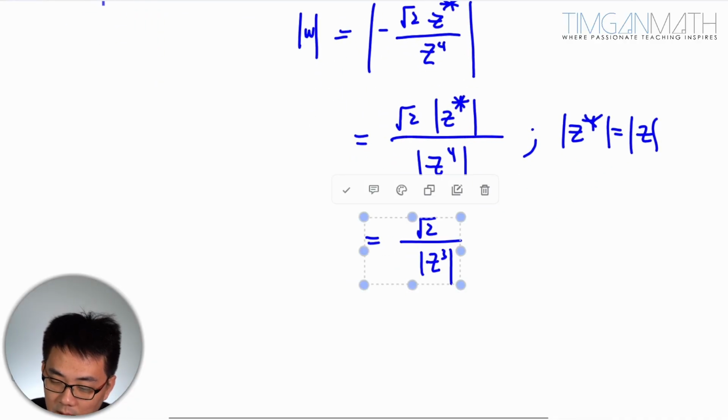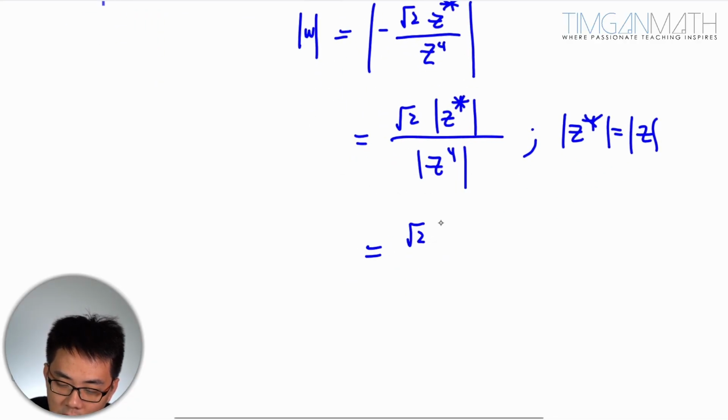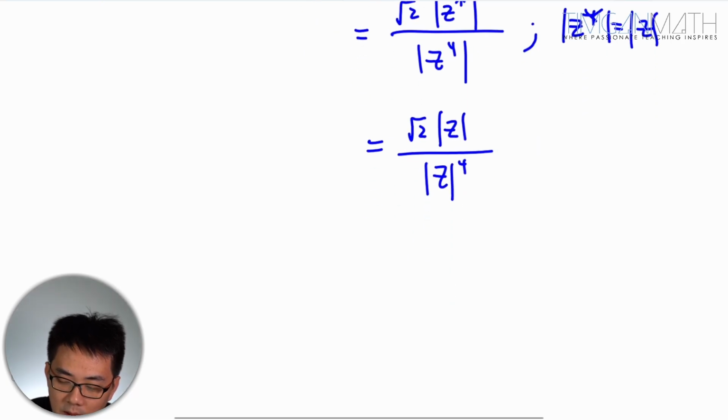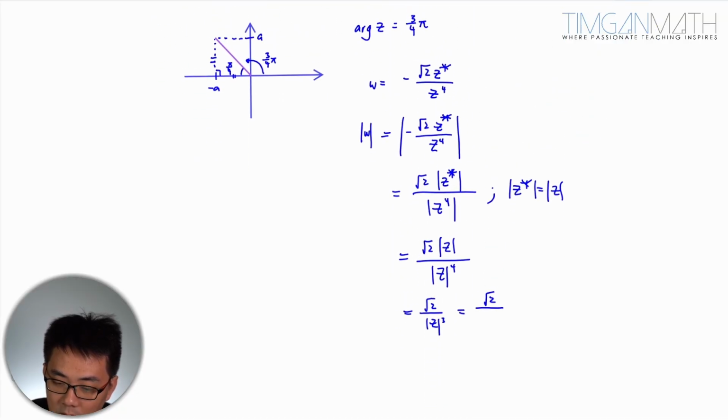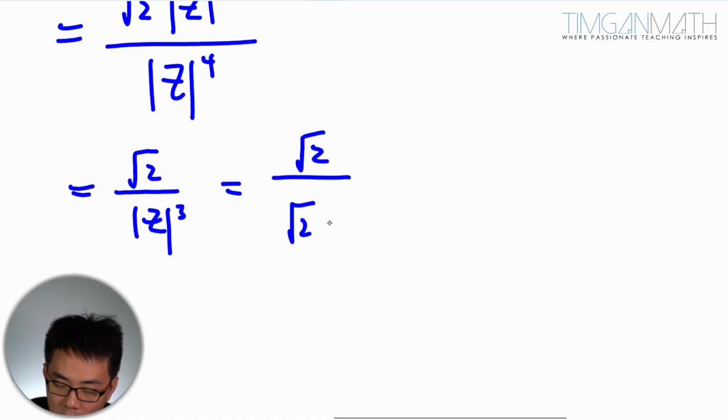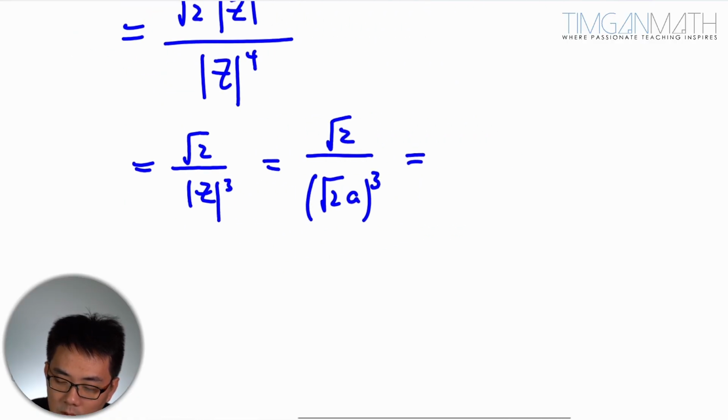Maybe I just do this, not skip steps here. Okay, you can skip here, of course. Cancel away. Maybe root 2 over mod z cubed, which is actually root 2 over mod z, which is actually a cubed.